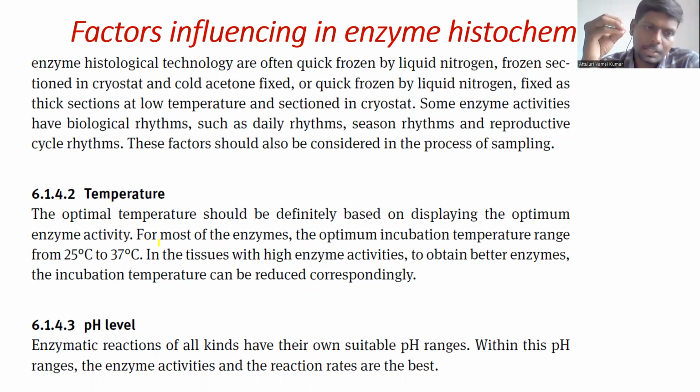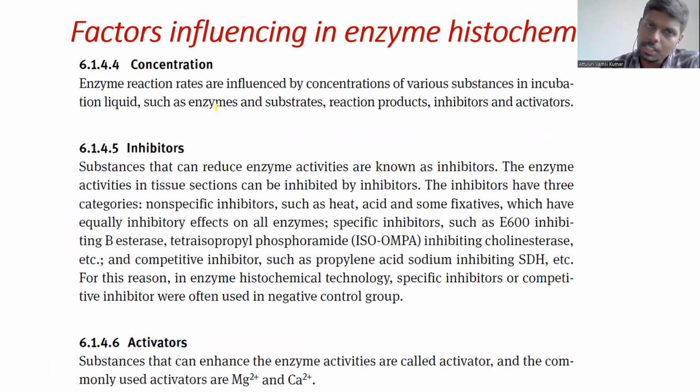So any fluctuations from the optimum pH can result in diminishing of our enzymatic activity. So we need to keep an eye on pH also. Then the concentration of enzymes, substrates and products we need to keep control of, as they can influence the results.